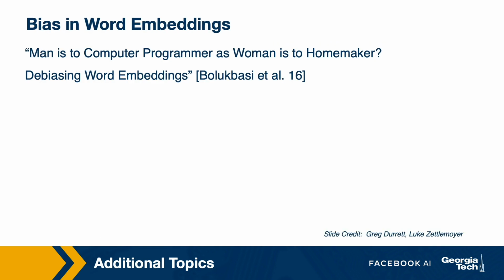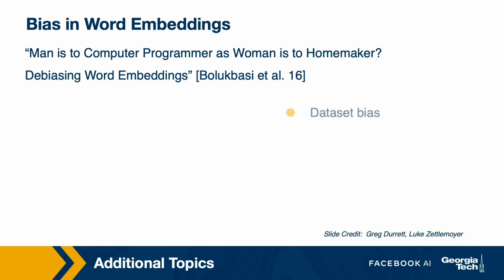Another topic I'd like to cover briefly is the issue around ethics and fairness in word embeddings. We will have a lecture on fairness entirely later in the class, so here I'm going to talk about it very briefly, and you will learn much more in the later lecture. Machine learning systems are found to be systematically biased.